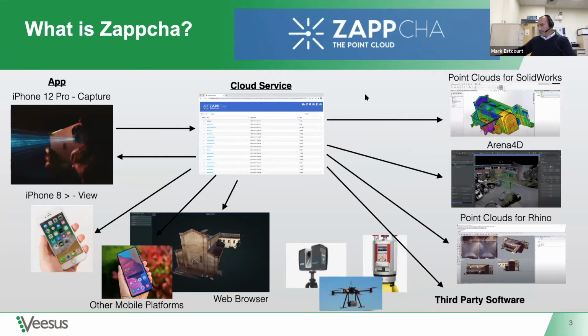Also, it's not just about the iPhone capturing, although that is a big part of where we started looking at this technology, but you can also share data from other devices once they are converted into our file format, and they can be put on the cloud service too. So it's a complete platform of applications, from desktop applications to mobile applications, and a cloud service.